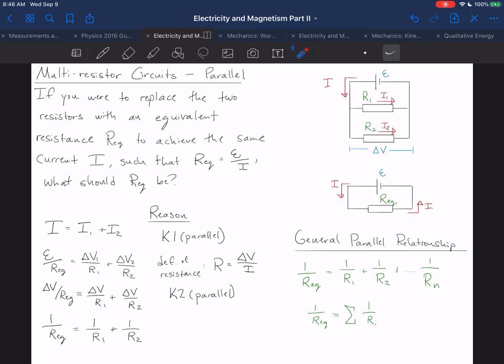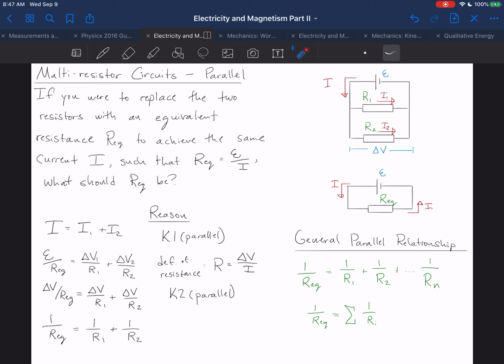We can use this plus the definition of resistance. So note that EMF over the equivalent resistance, whatever that will be, is equal to delta V1 over R1 plus delta V2 over R2. This is just applying the definition of resistance to each of these terms.